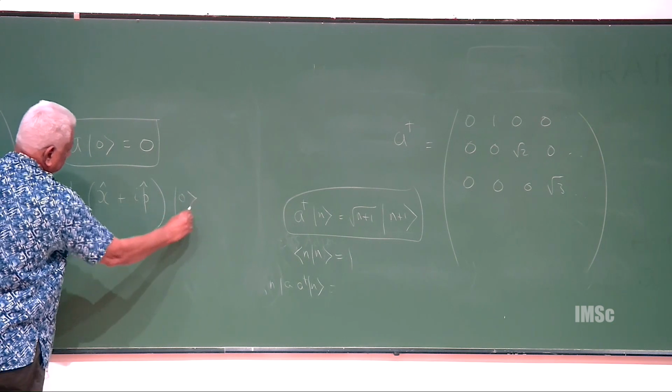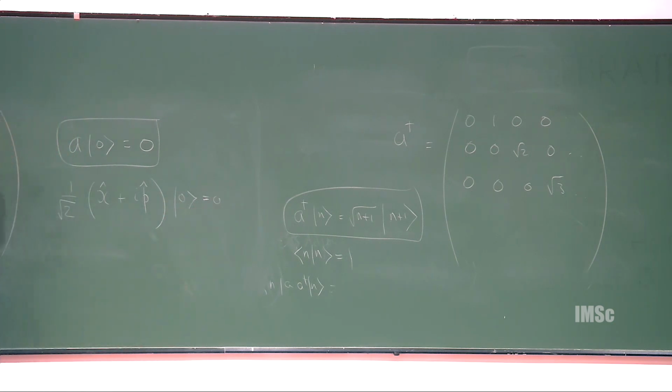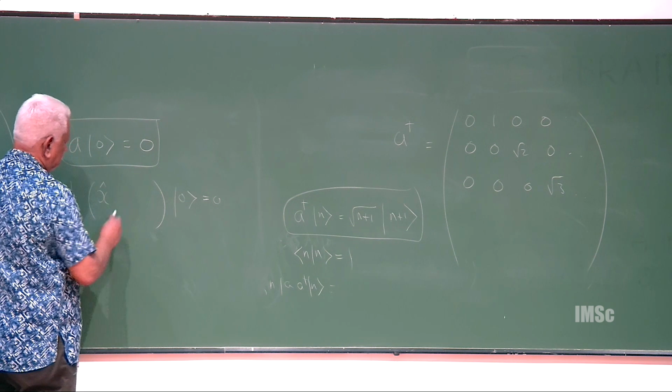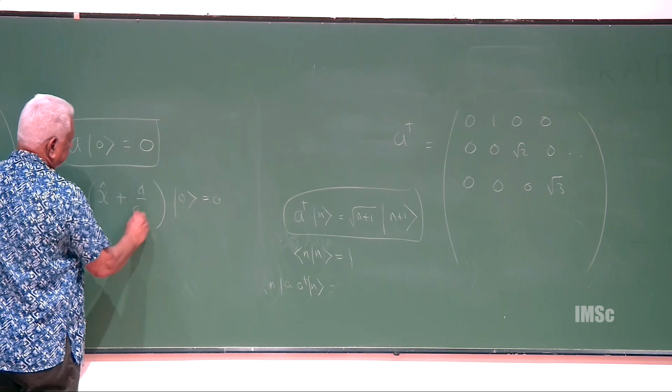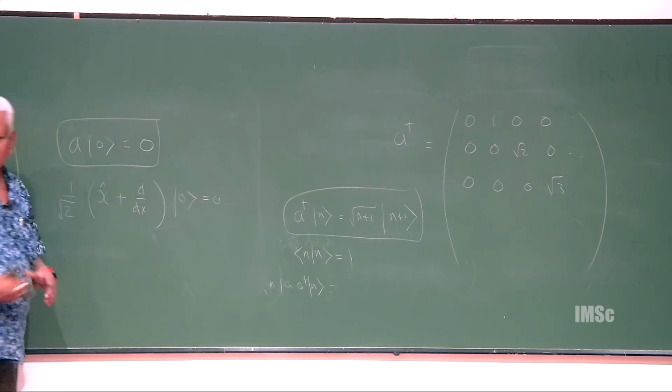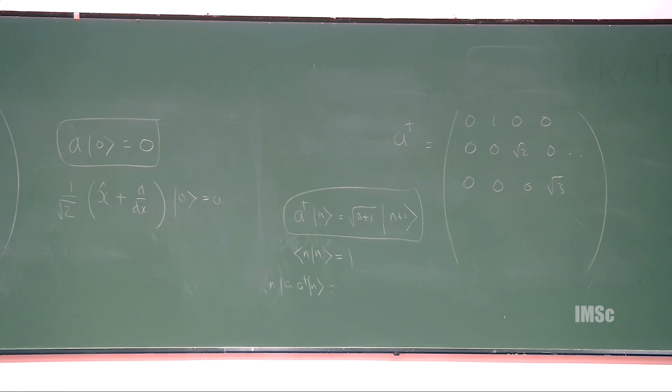Acting on the 0 state, the lowest state, is 0. But now you know what P hat is. It is minus i h bar d by dx. H bar I have taken to be 1. Minus i and plus i, I will make it plus 1.